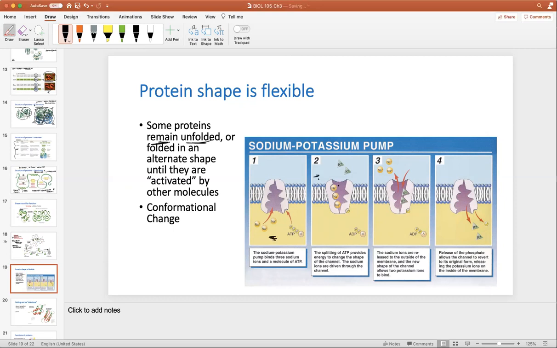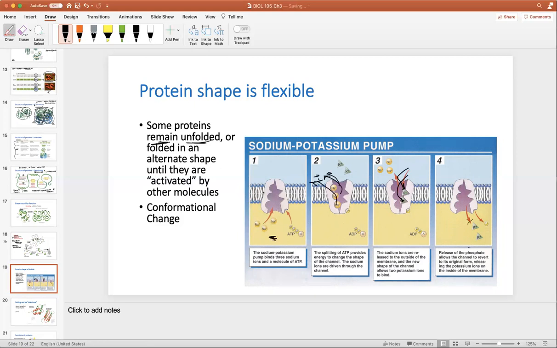When that happens, it creates a situation where the sodiums no longer bind so well to this protein, but what does bind well are these potassiums. They come in, they encourage the protein folding to change one more time, and you can see what's happened. We've kind of gone inside out and restored the original situation, okay?